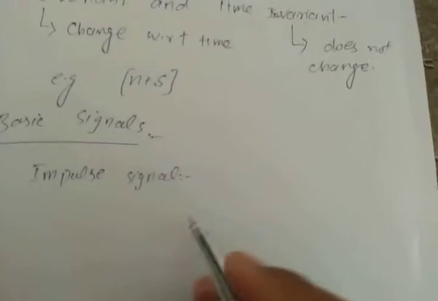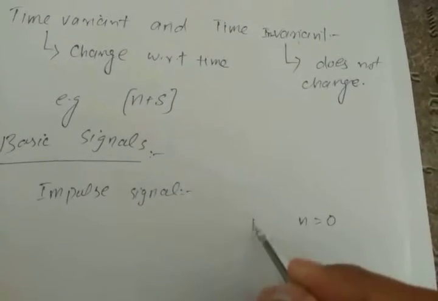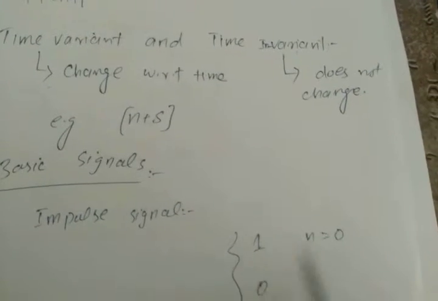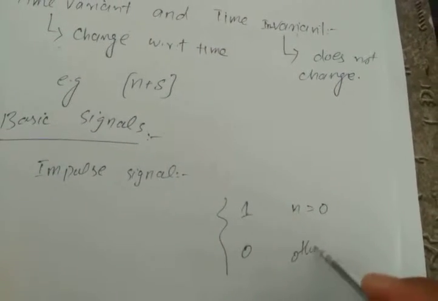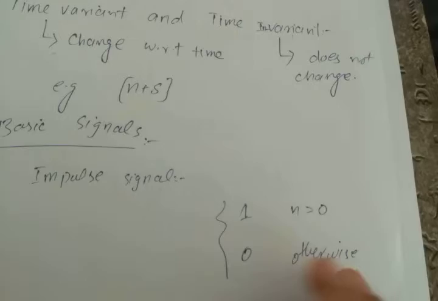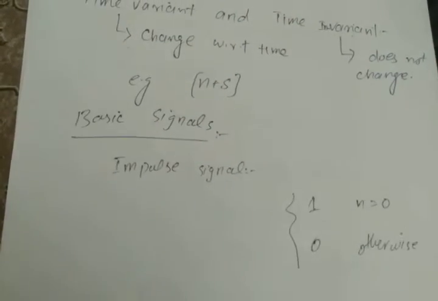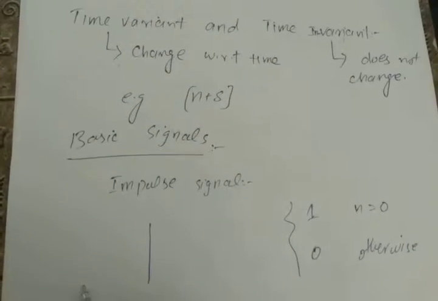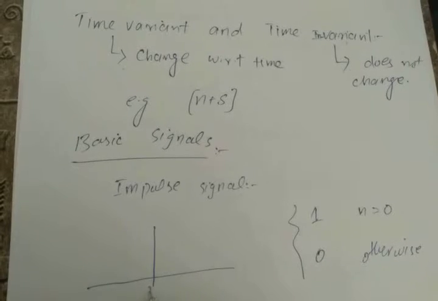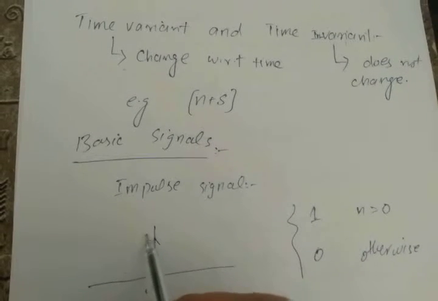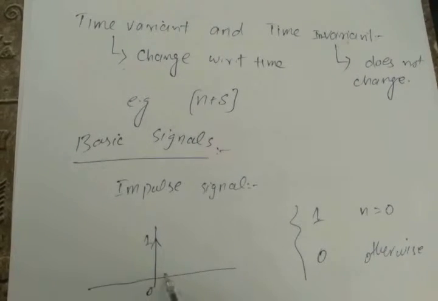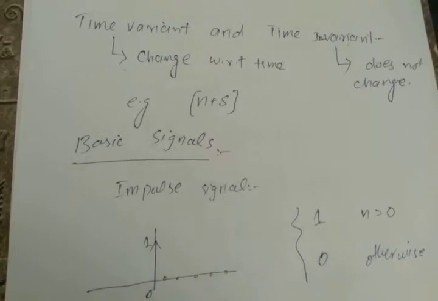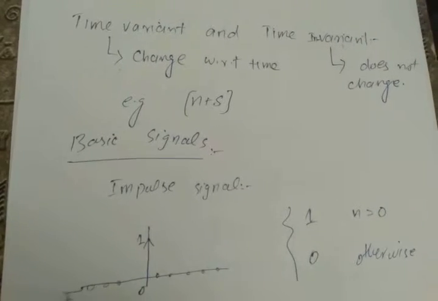That means when n is equal to 0, it gives us 1, or 0 otherwise. In the graphical representation, at 0 it gives us 1, otherwise it gives us 0. This is our impulse signal.